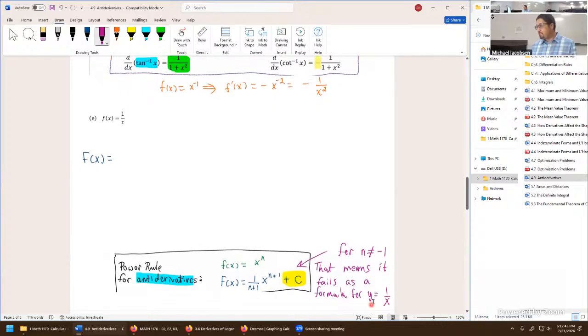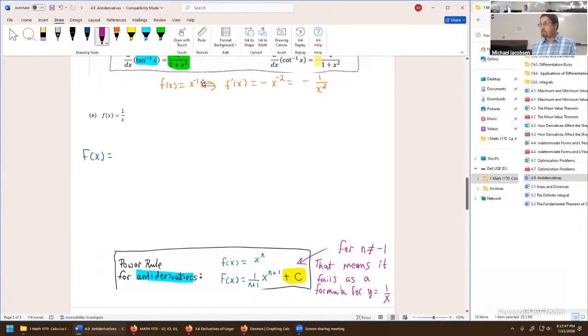Because when you bring that x back up to the numerator, the actual exponent n is negative 1, and you cannot add 1 to that, getting a 0, and then divide by 0 in the power rule. That's going to be an immediate breakdown.